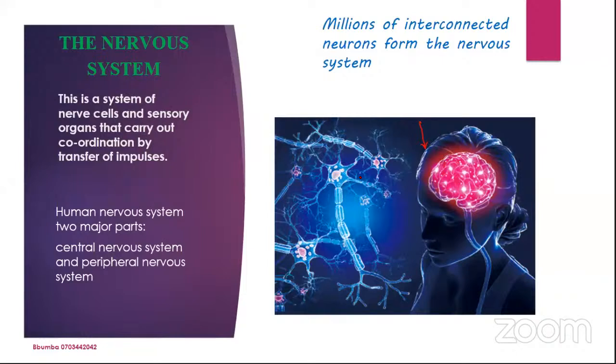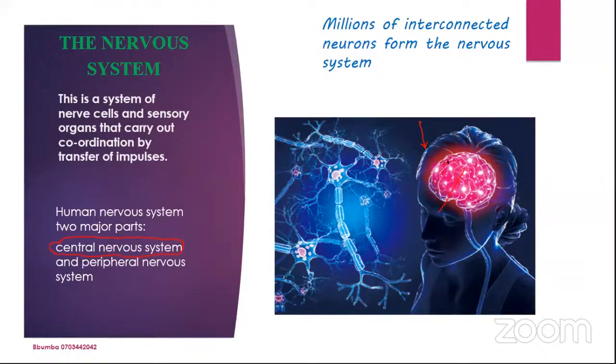Now, the human nervous system can be divided into two major parts or systems. The first one is called the central nervous system. Just like the word central, it means the main, the major, or the middle. Now, the central system, we shall say it's made up of the brain that is in the skull, in your head, and then the spinal cord.